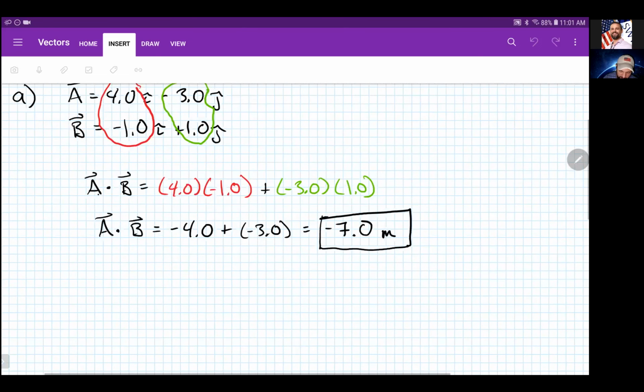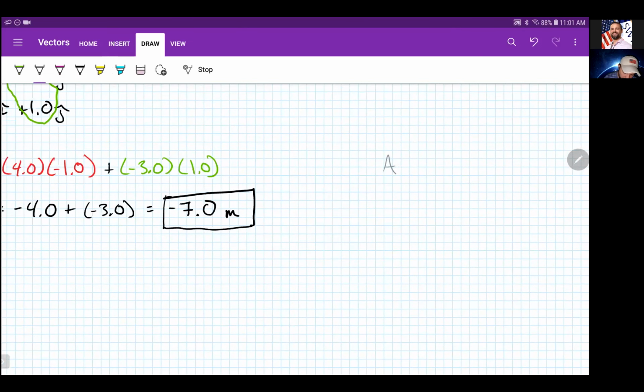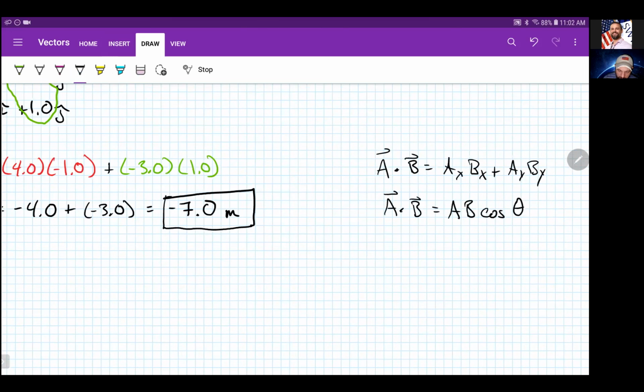There was this one: A dot B is equal to AX times BX plus AY times BY. We had another equation, which was the magnitude of A times the magnitude of B times cosine of theta.